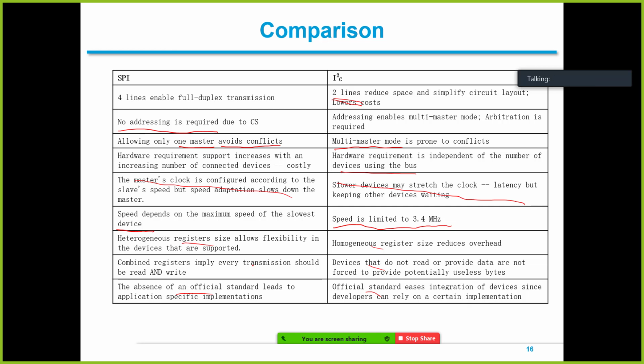So that's SPI and I2C, the most useful, most widely used serial communication interfaces for wireless sensor nodes. Okay, now let's have a break, and let's get back in 5 minutes.